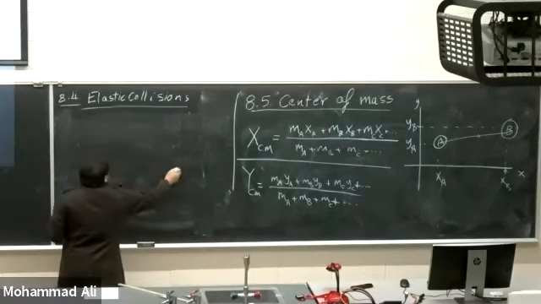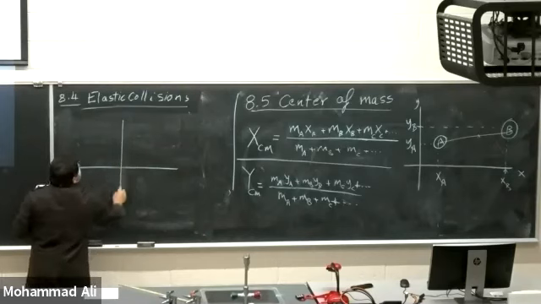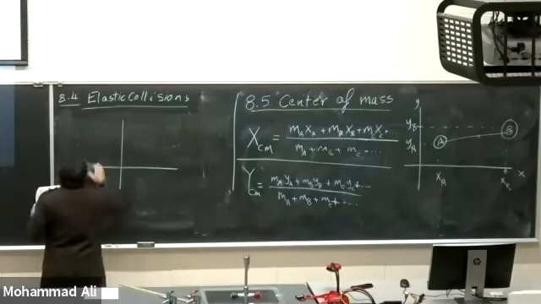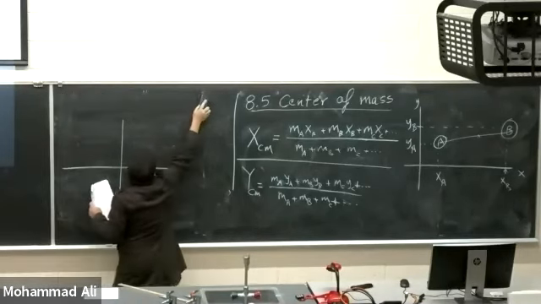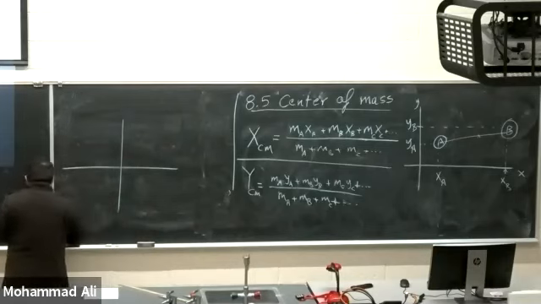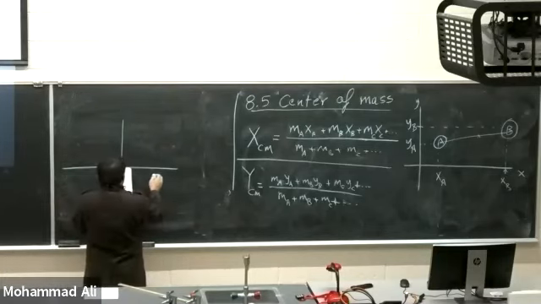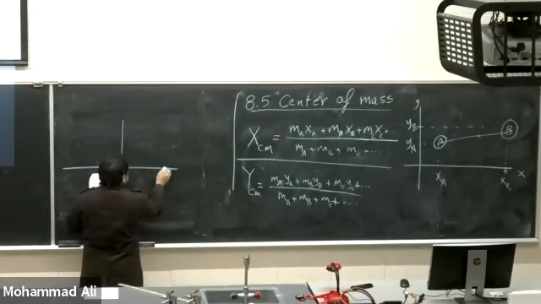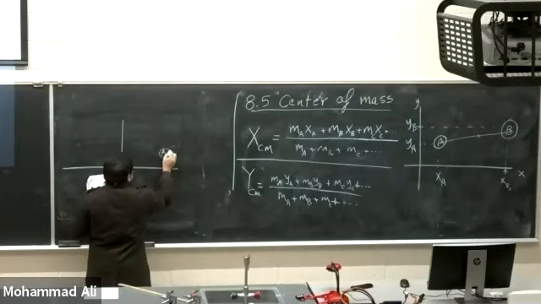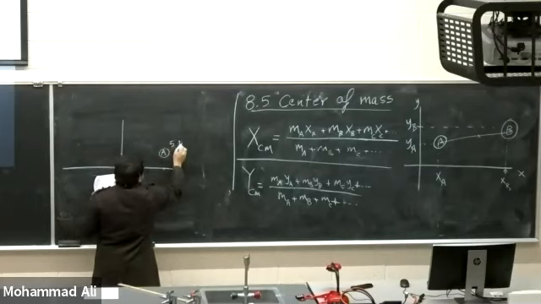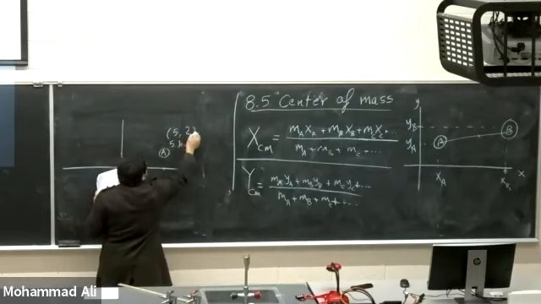We have this plane. We have mass A at (5, 2), 5 kilograms at (5, 2).